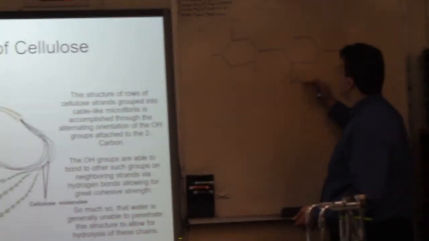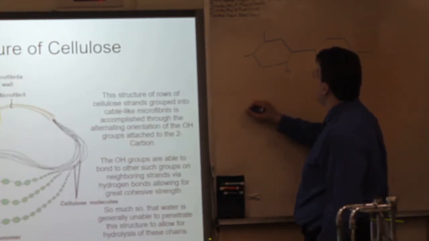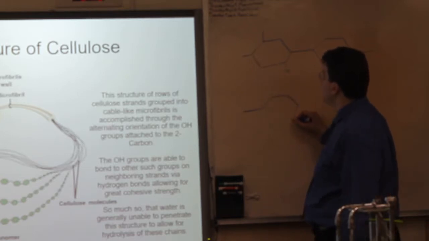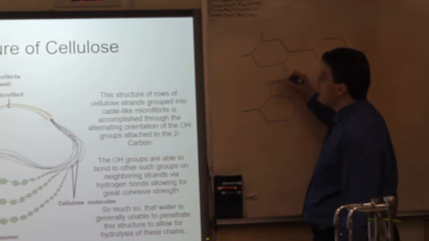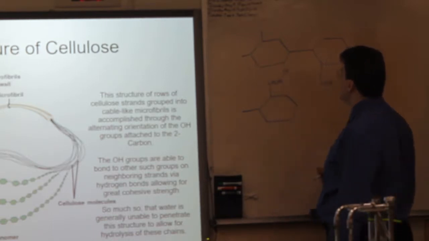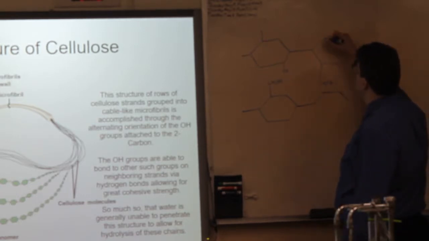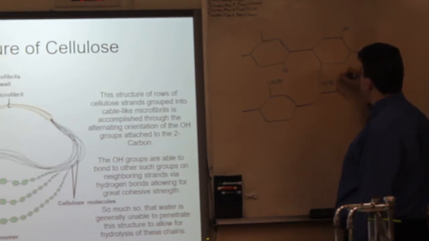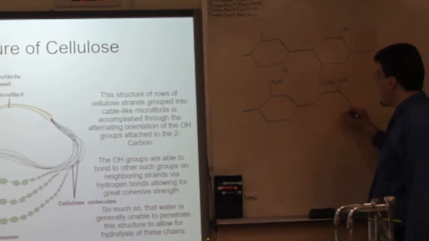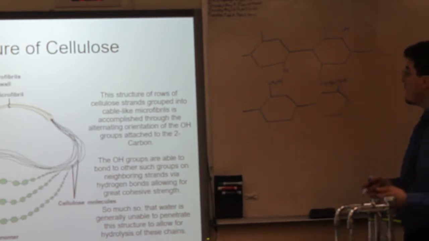CH2OH, CH2OH, versus alpha. So here we have this hydrogen bond, and we also have the OH, the 2 hydrogen bond there. Hydrogen bonds, remember, are always drawn as a dashed line.